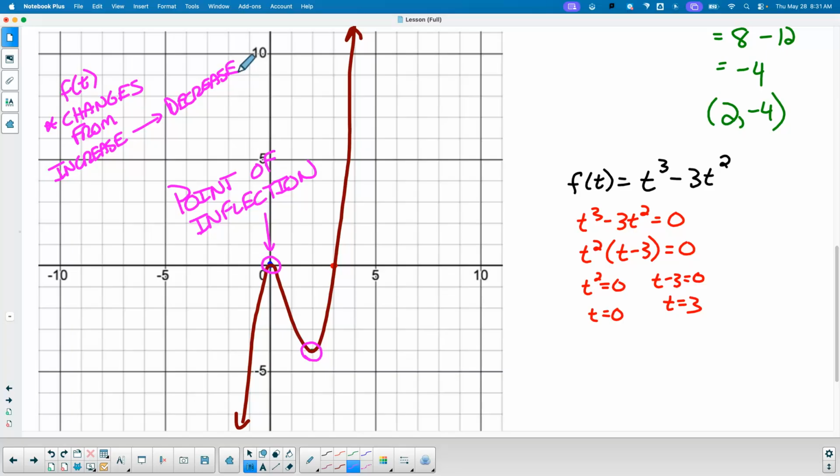Now we get to this 0. Now what happens? Now it changes to increasing, so that point of inflection changes from increasing to decreasing, or vice versa. Okay? That's what's called a point of inflection.